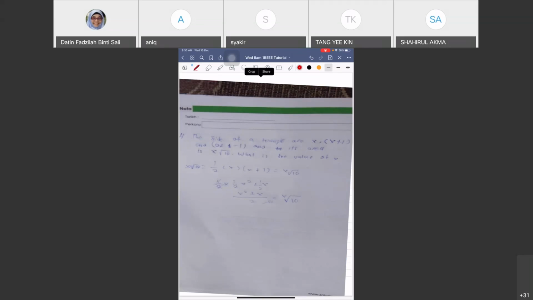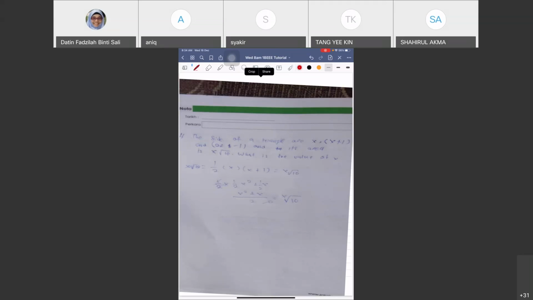No angle is given, only the sides. And the question is talking about area. Definitely it has to be Heron's formula. The formula just now: you compute S, the sum of the three sides divided by 2, and then the area is the square root of S times S minus A, S minus B, etc.